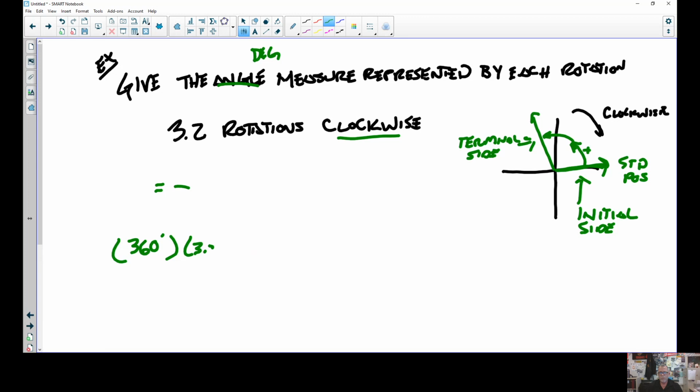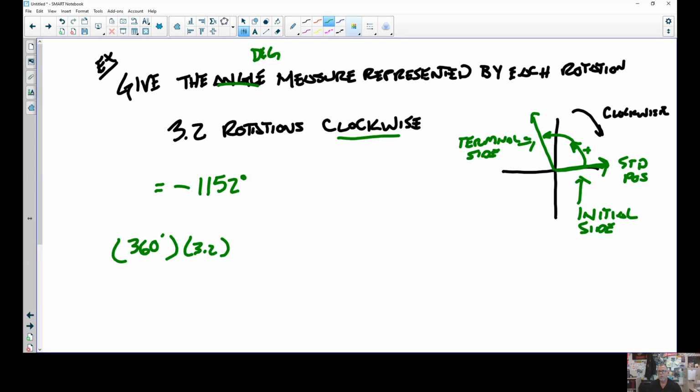And I'm going to multiply it by 3.2. So 360 times 3.2 rotations, because each rotation is 360, I would end up with negative 1152 degrees as my rotation. That would be the angle measure represented by these 3.2 rotations clockwise.